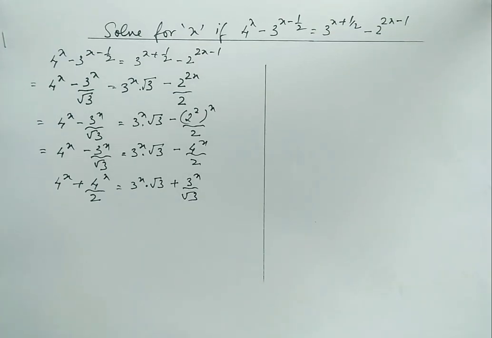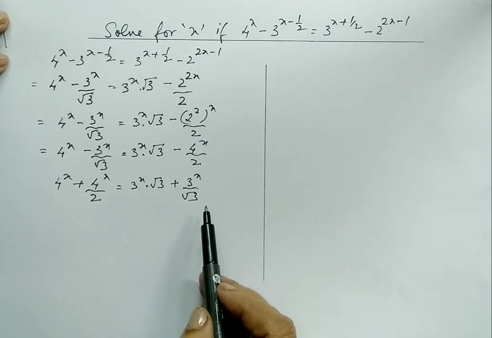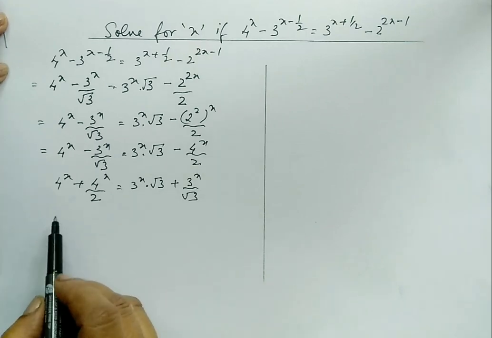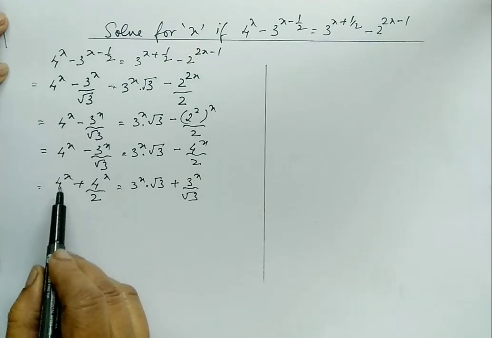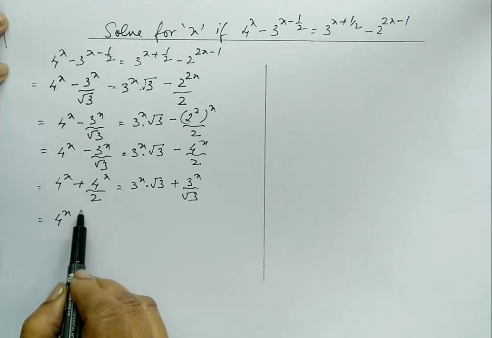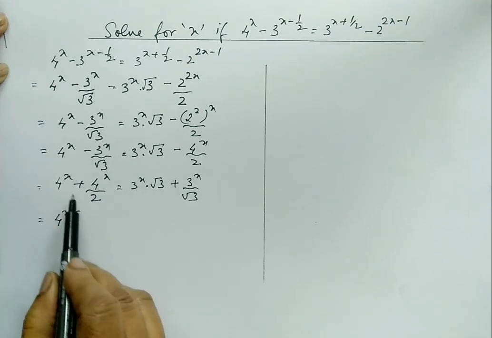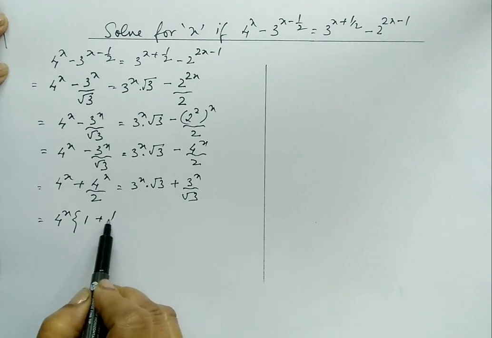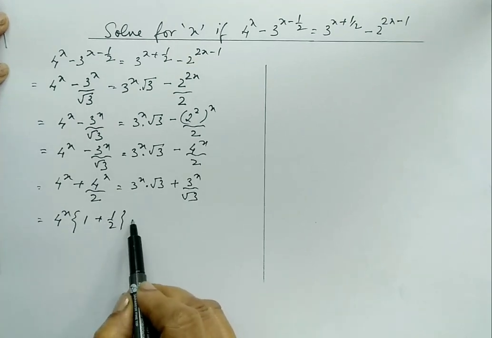Alright guys. So I hope it is clear so far. Now what do we do next? Very clear. We have to take these two as common. We have one from here and half from here.